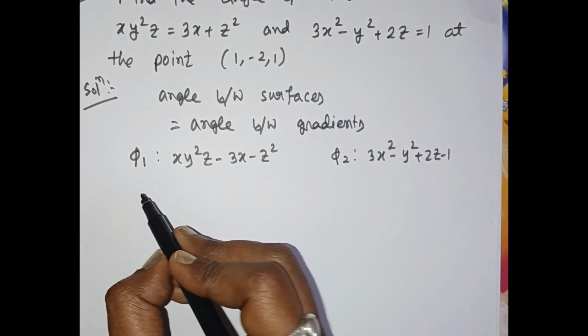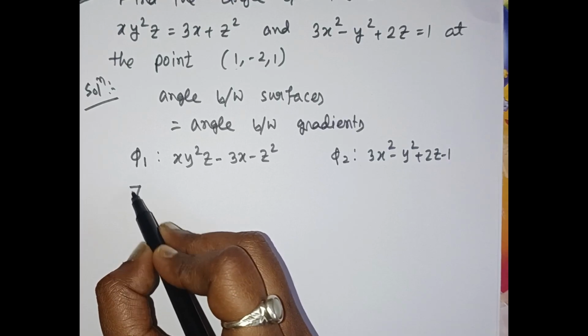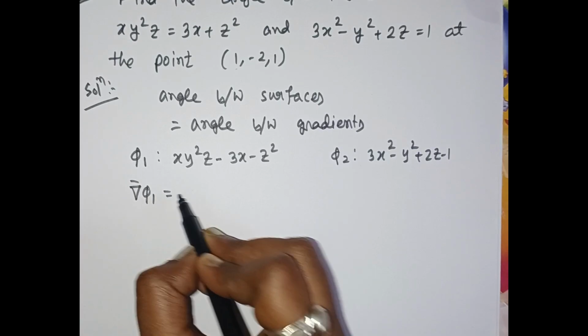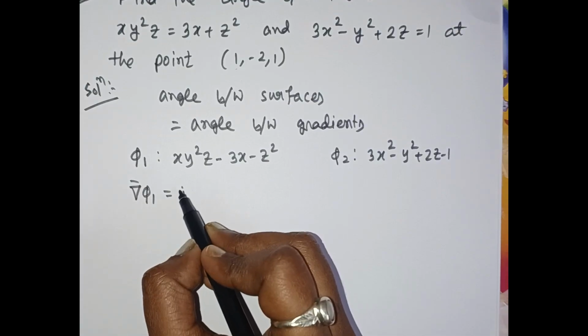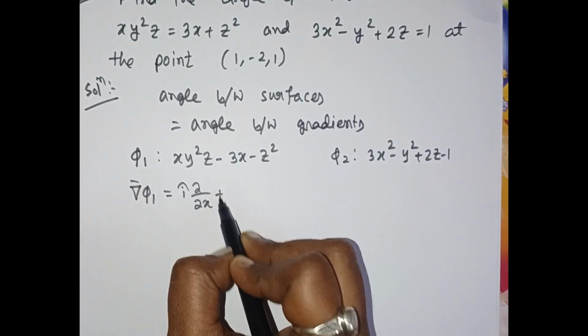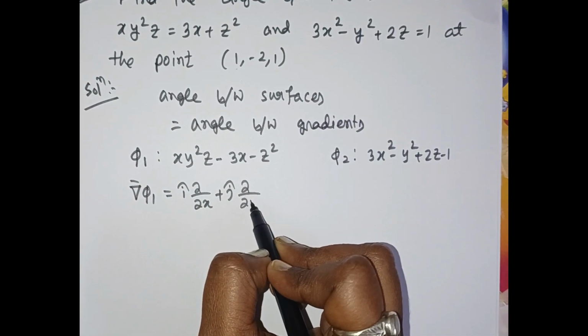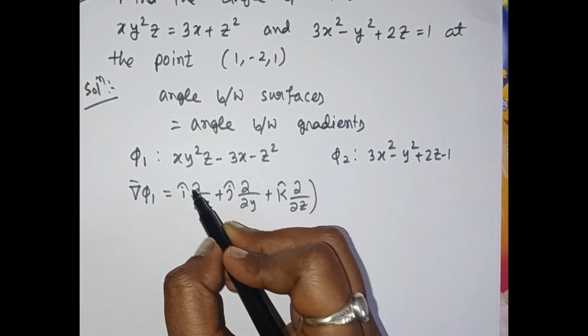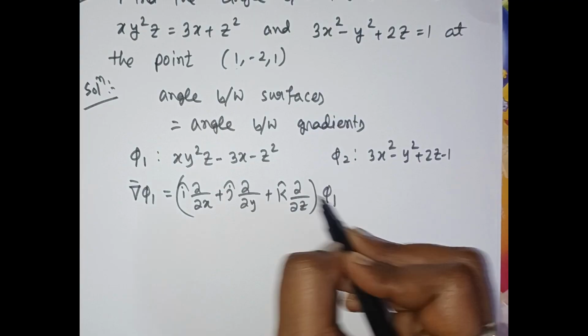So now grad phi 1 is equal to i del/del x plus j del/del y plus k del/del z of phi 1. Phi 1 is this function.